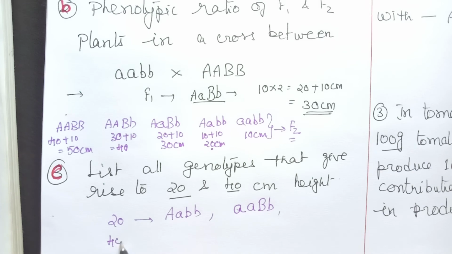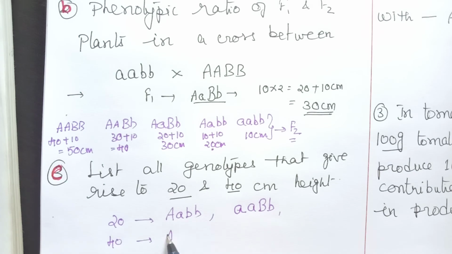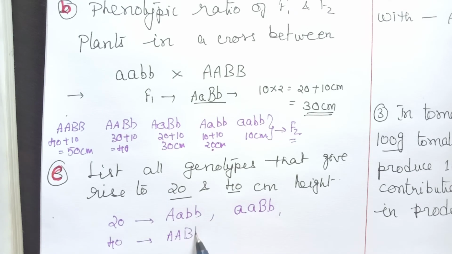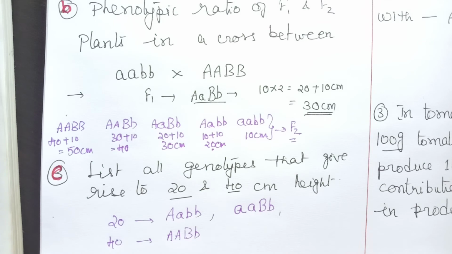So one genotype we can take with 3 dominant alleles, and any other also. Another genotype we can take like this. So anything with 3 dominant alleles we can list down, that is 20 and 40.